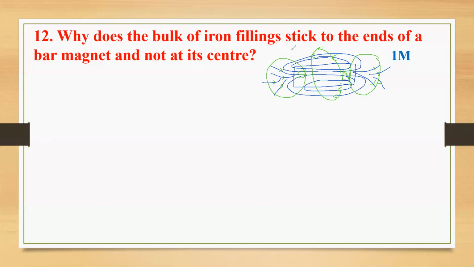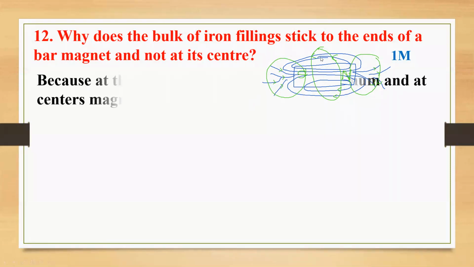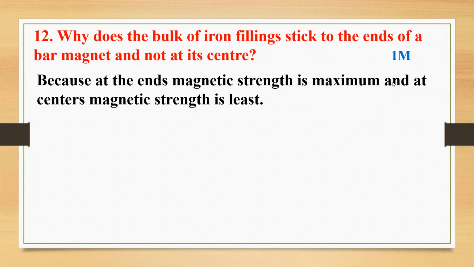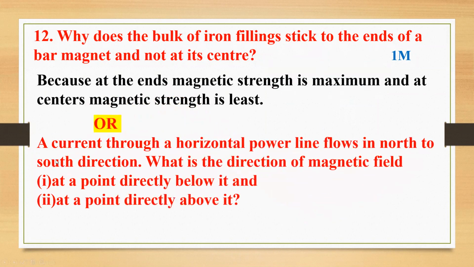That's why iron filings stick more at the poles compared to the center. Read the answer: at the ends, magnetic strength is maximum and at the center, magnetic strength is least. Got it? Let's move to the next question, which is the internal choice for this question.